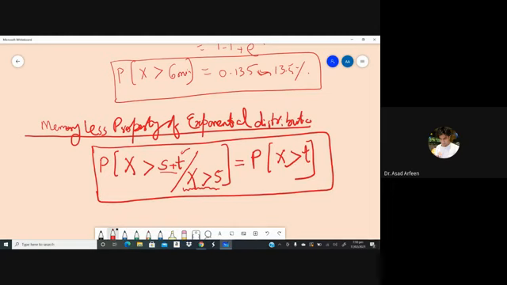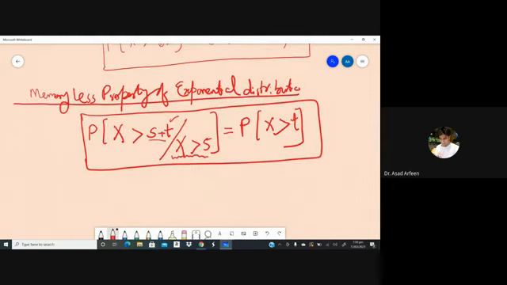A very simple example: someone is waiting at a bus stop for a bus, and has waited for 10 minutes, and the bus has not come.